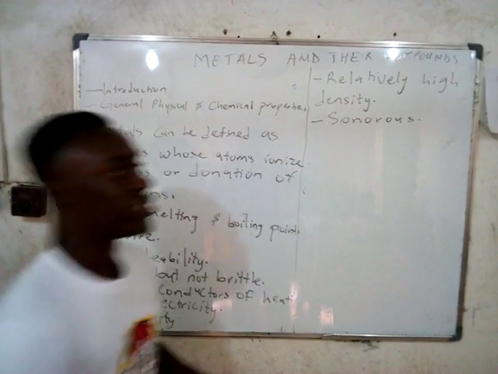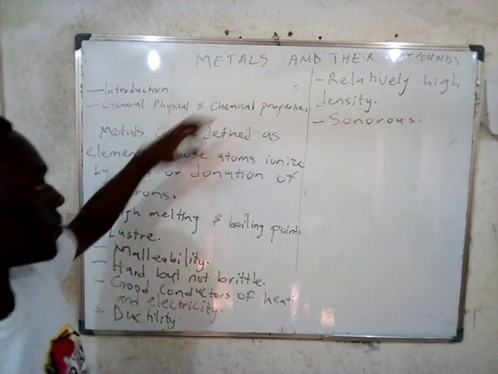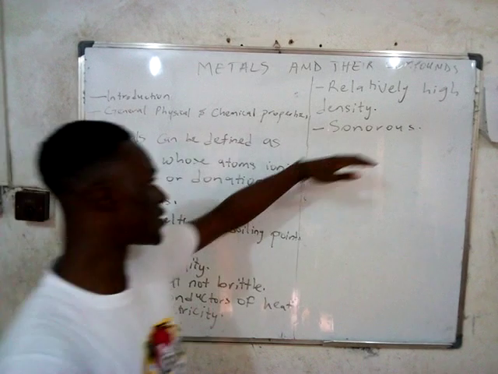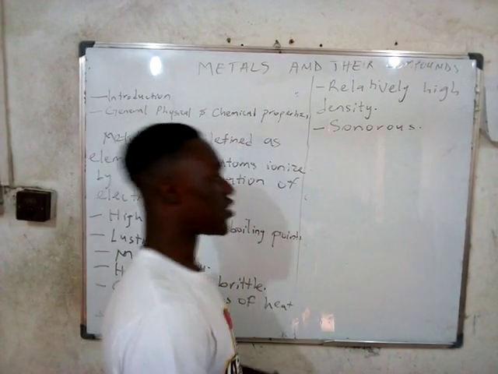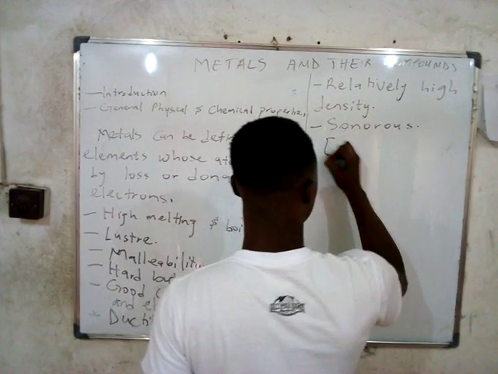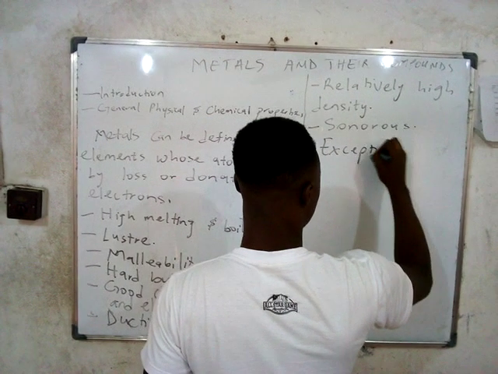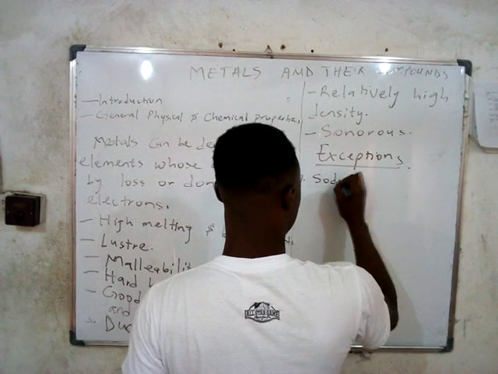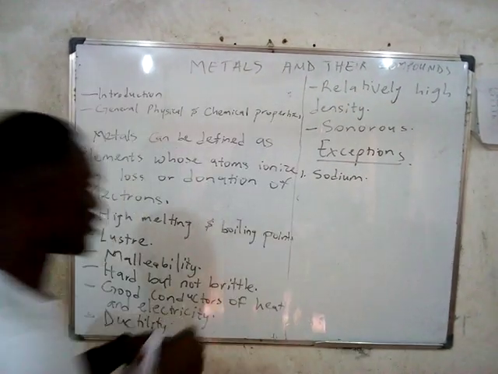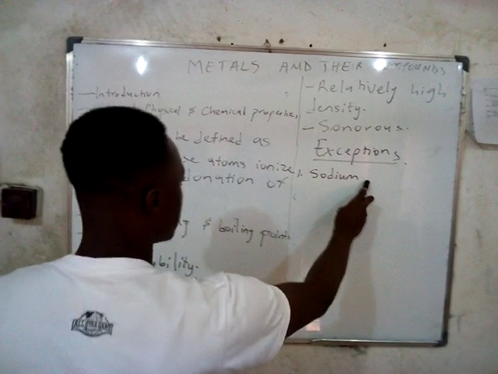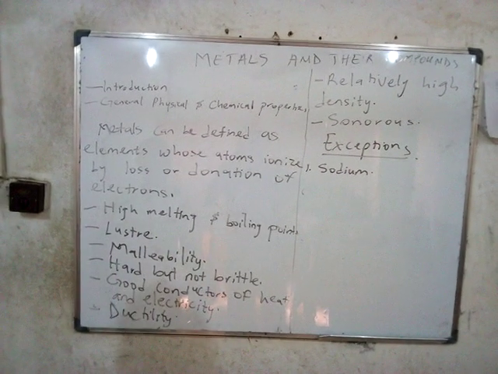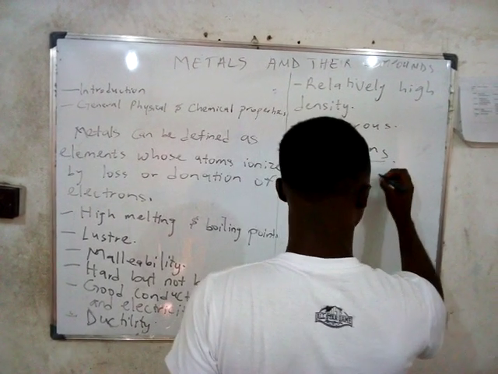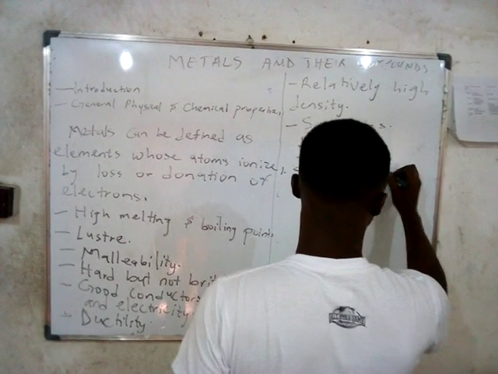Now, these properties are characteristic of many metals, but it's not characteristic of all the metals, such as sodium. Now, for sodium, you see that sodium goes against the property of metals having high melting and boiling point, because sodium has a relatively low melting point of 97 degrees Celsius.